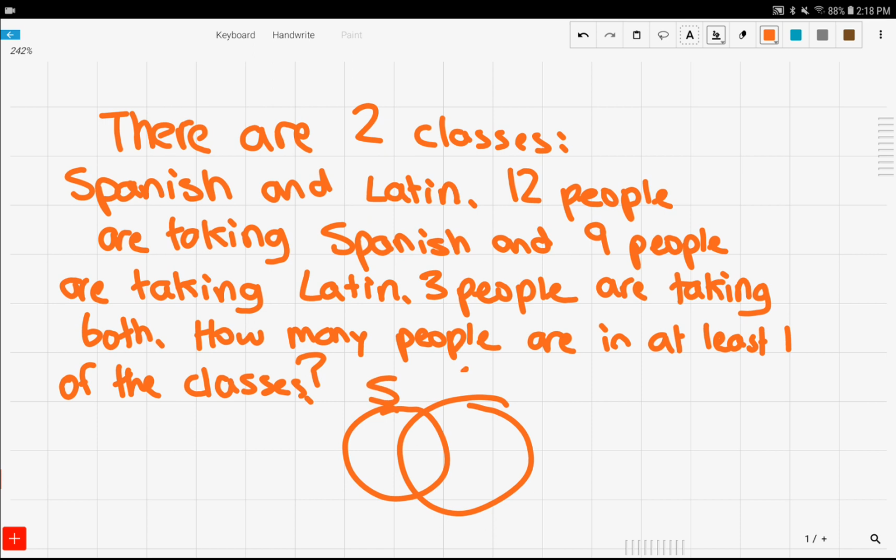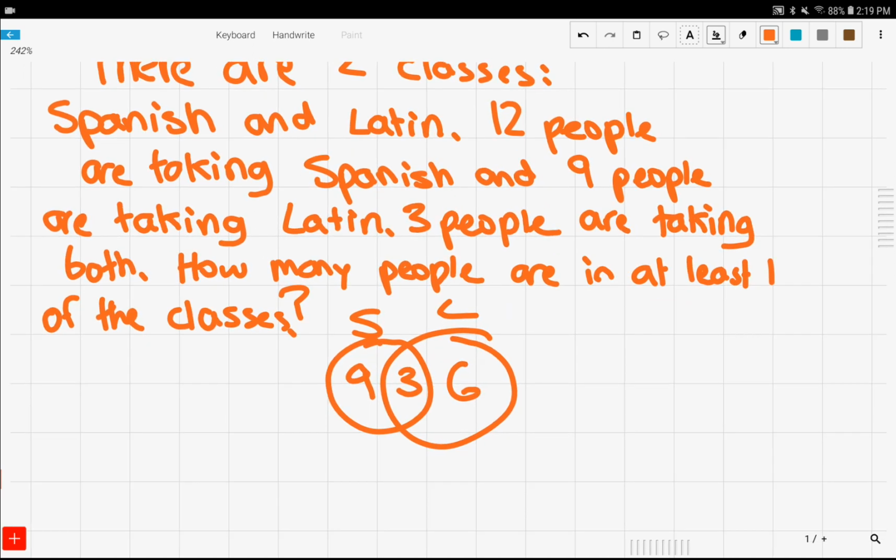So Spanish, Latin, there's 3 people in both of them, and there's 12 in the entire Spanish circle. So this means that there are 9 taking only Spanish. And in Latin, there are 9 people inside this entire circle, so there must only be 6 people outside of the 3. So summing this together, we have 9 plus 3 plus 6 equals 18.